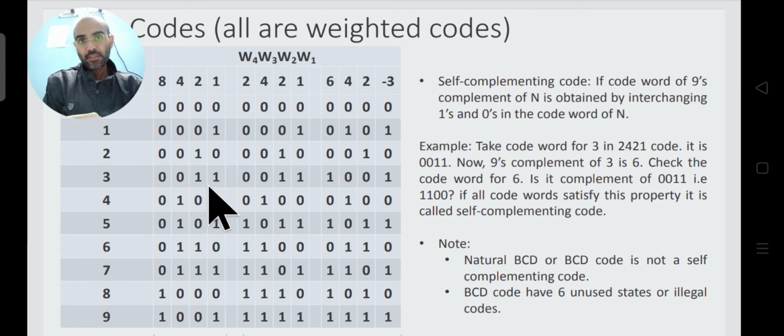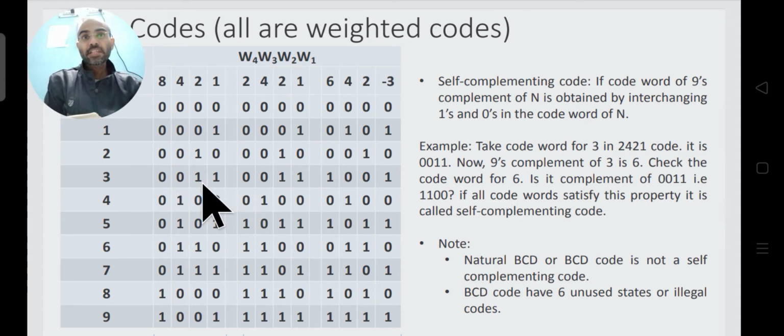So let's try this. The code word of 3 is 0011 in 8421 code. Now I want to check whether 8421 code is a self-complementing code or not, depending upon this definition. If I replace every 0 by 1 and 1 by 0, it will be 1100. Now, do I get 6 or something else? 1100 is not 6, it is coming as 12.